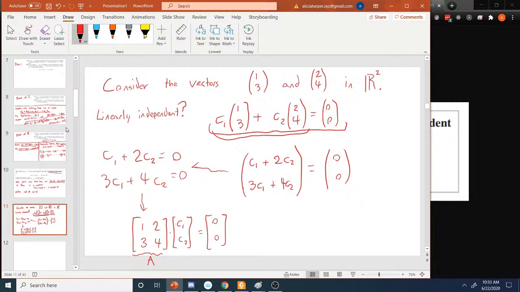So now we've translated our original problem of asking if something is linearly independent into asking something about a matrix equation. The upshot of doing this is that now we know how to solve matrix equations, so we can use what we know about solving matrix equations to analyze this.